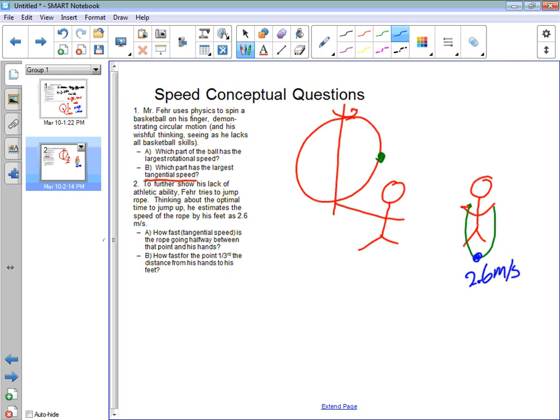Well, right there, it's going to be half the radius. Now, you never gave me a radius value, Fair. That's okay. I just know the radius was cut in half. So what is going to happen to the tangential speed? It is also going to be cut in half. Easy enough to figure out what half of 2.6 is. That's going to be 1.3 meters per second.